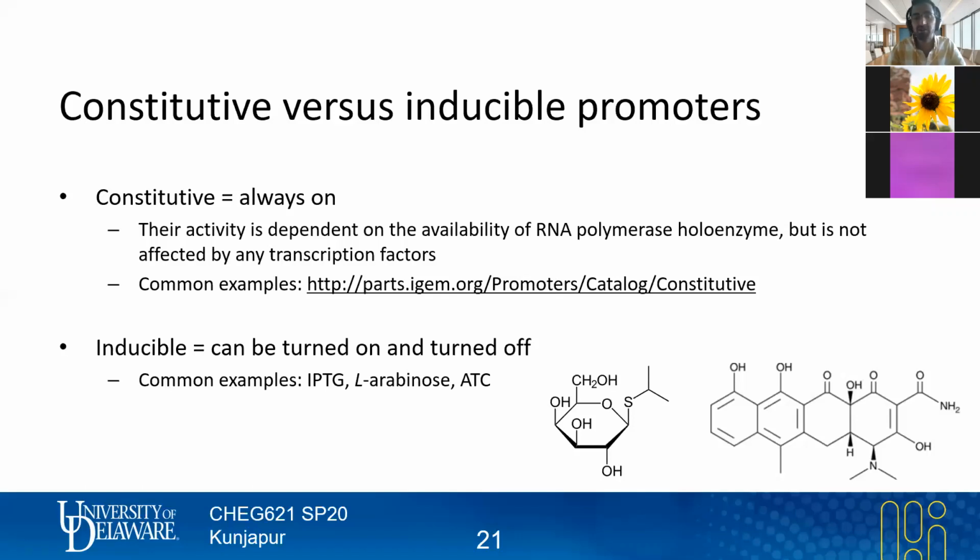Because the other reason is so that you don't have to add some expensive chemical like an inducer to turn them on. And thinking about a metabolic engineering process that may be 10,000 liters or 100,000 liters large, you don't want to have to add that cost and that molecule, and then worry about mass transfer and all of that.